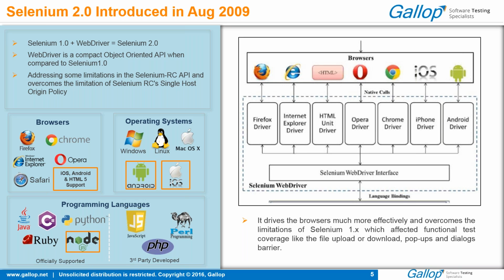And then later on, Simon and Jason joined Google, and in one of the Google Test Automation Conferences, when they presented these two, it was found that both were addressing the same challenge of automation, and both work in a similar way, but with a little bit of architecture differences, like the way they interact with the browser. Selenium RC supports multiple programming languages, whereas WebDriver was available only in Java at that time.